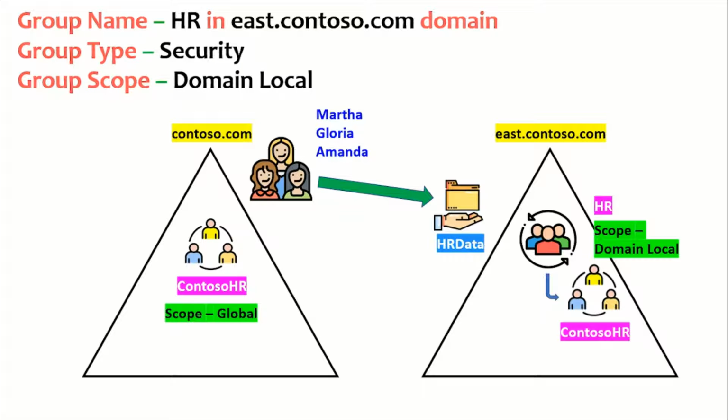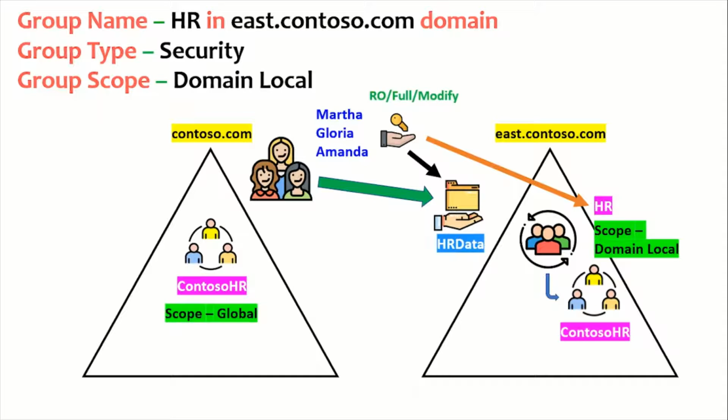This is called group nesting. So we are nesting Contoso HR as a member of the HR group in east.contoso.com. And then we will assign permissions to this HR group on the HR data folder.